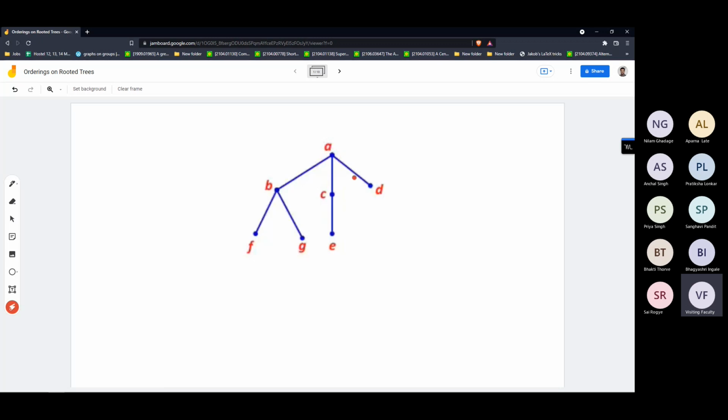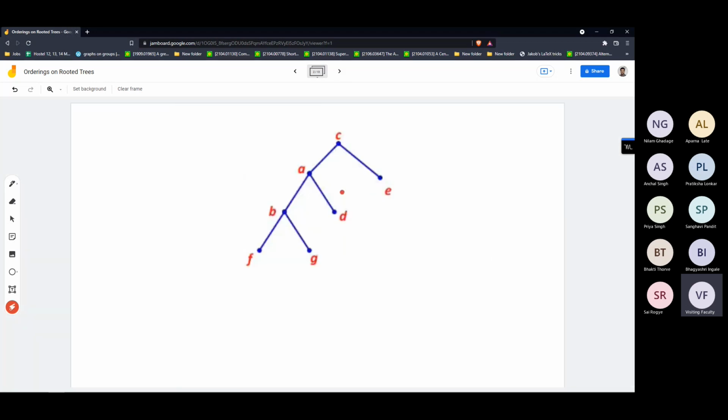This is the left subtree: left child onwards, everything below. This is the right subtree, just one vertex. And this is the middle subtree, because it's the middle child.